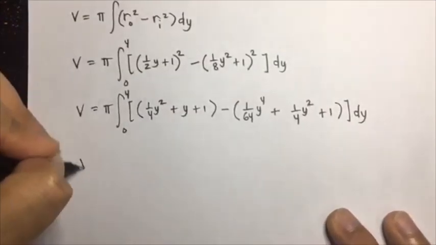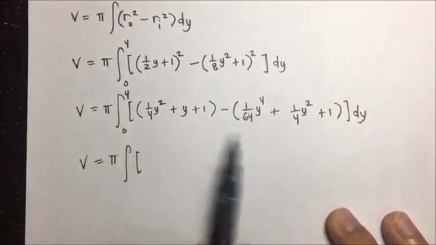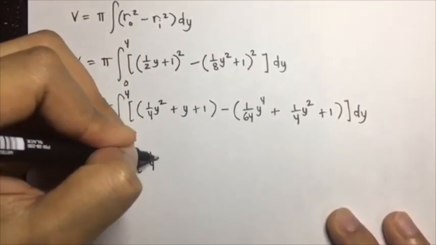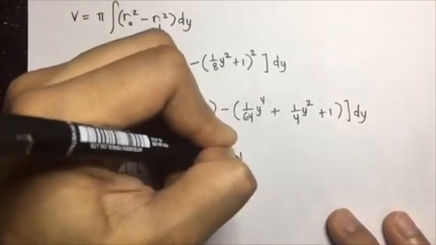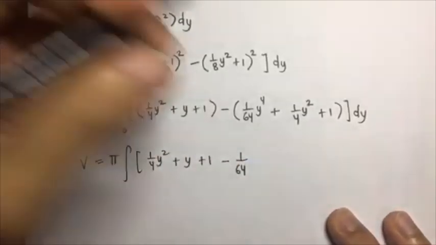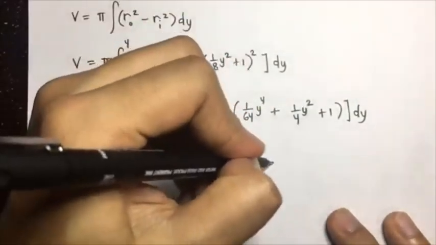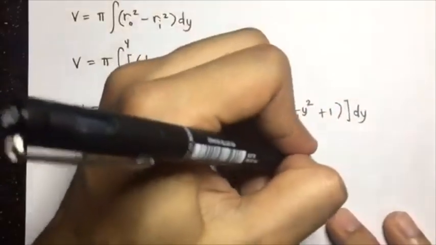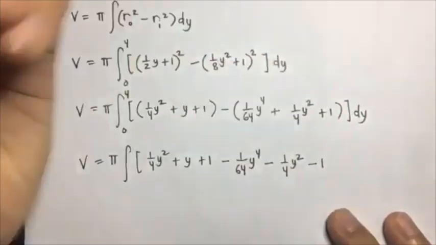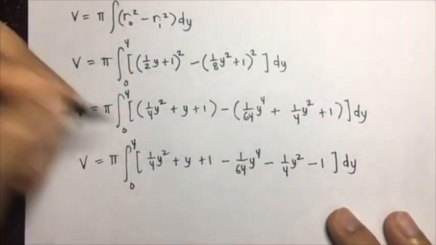Okay, so simplifying, V equals pi integral of, removing the grouping signs, we will have 1/4 y squared plus y plus 1 minus 1/64 y to the power of 4 minus 1/4 y squared minus 1, dy from 0 to 4.